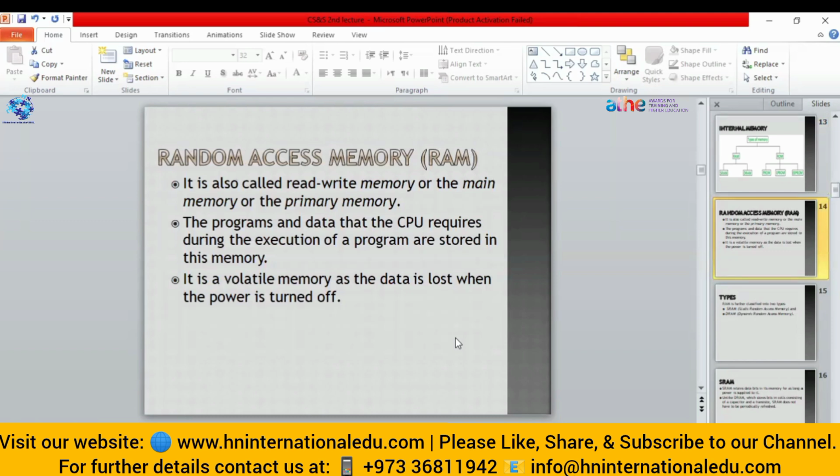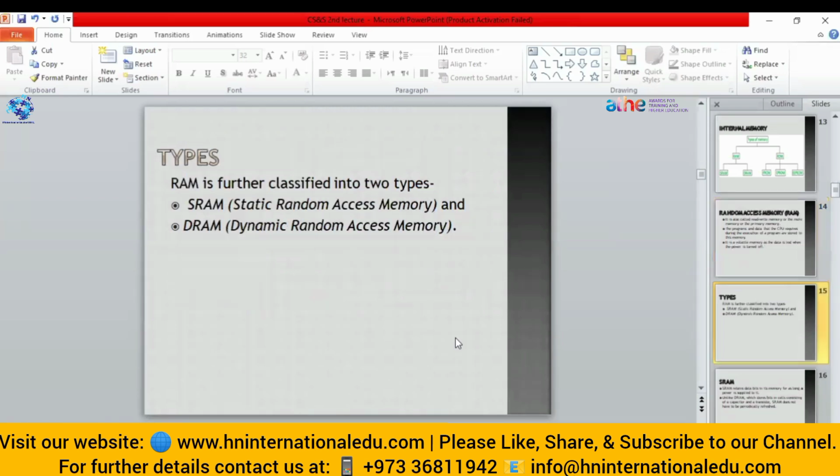So all the instructions that are currently in execution, these instructions and the relevant data will be stored on the RAM. If your file, program, or instruction is not available inside the RAM, we cannot make any operation related to that. So it is volatile memory. It will lose its data whenever electric power is not available.